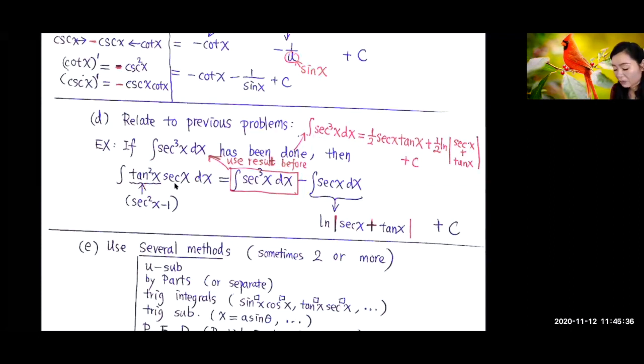So we can express tangent squared as secant squared x minus 1, and then you distribute over here. Then secant squared x times secant x, you get secant cubed x, and then minus 1 times secant x over here. And the antiderivative for secant x is ln of the absolute value of secant x plus tangent x. And then at the end, plus a constant.